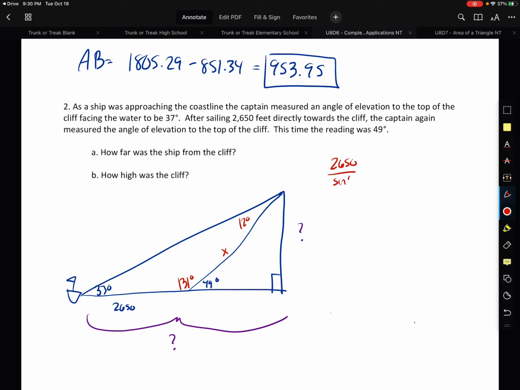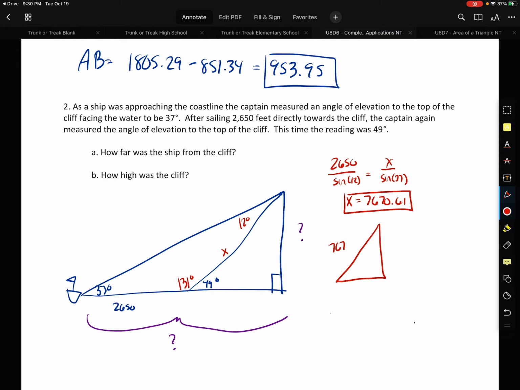Law of sines. 2650 over sine 12 equals x over sine 37. I cross multiply, I solve, and I get x to be 7,670.61.